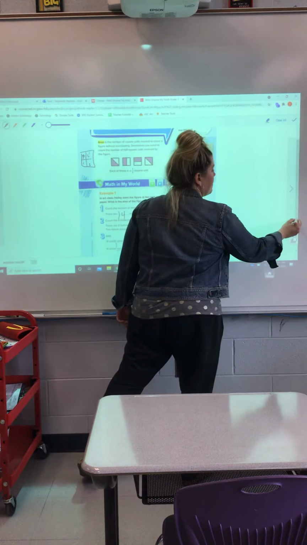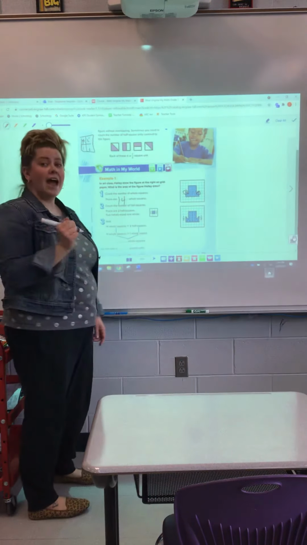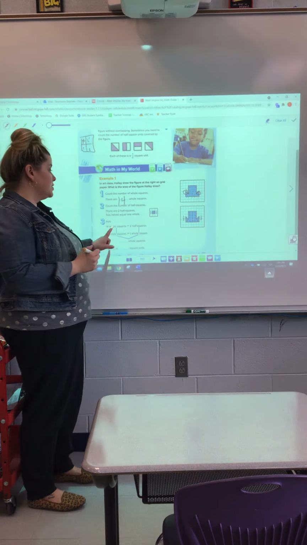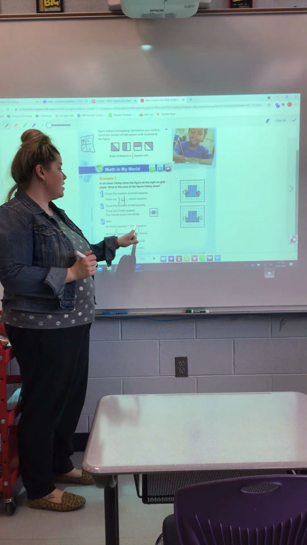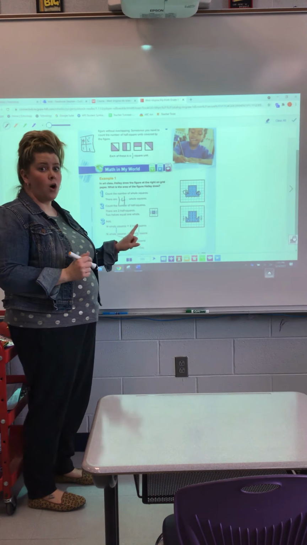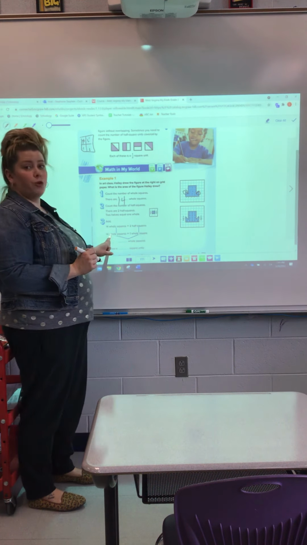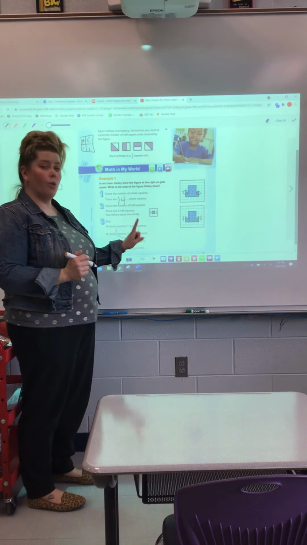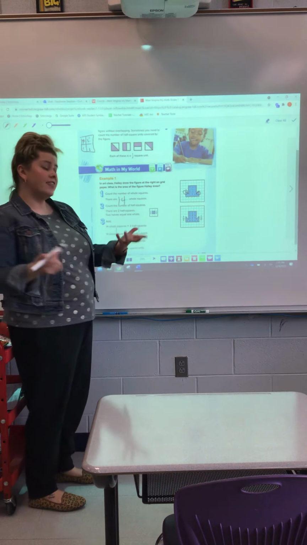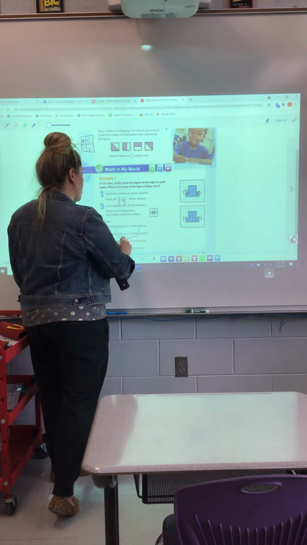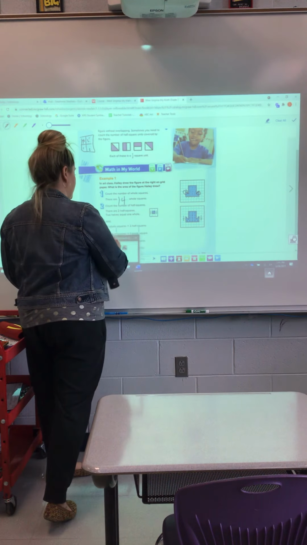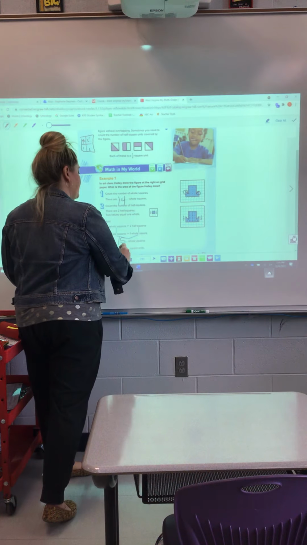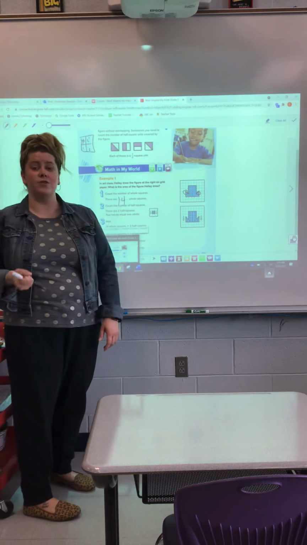So then we think about adding those two numbers together. So I have 14 whole squares and 2 half squares. Well, I know that 2 half squares equals 1 whole. So if I add my 14 whole and then the 1 from my 2 halves, that means there are 15 whole squares, and the area of that shape is 15 square units.